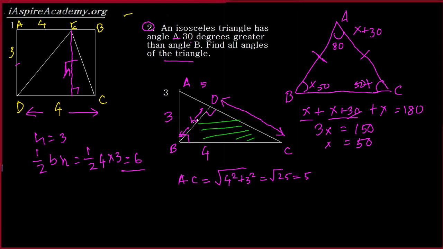So now this particular side is a height for the bigger triangle. That means height is associated with something called area.